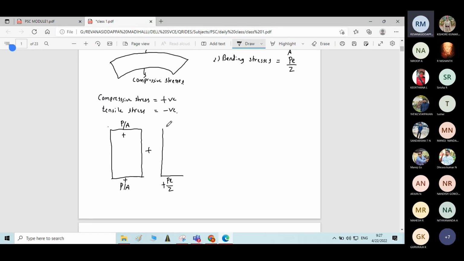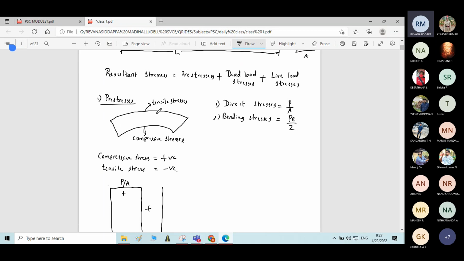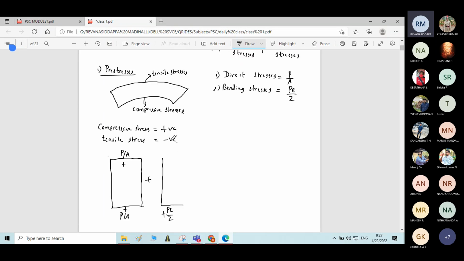And in the top fiber, there is tensile stress. Tensile stress is represented by a negative sign. Negative sign means on the left side of the reference line. Now joining both the points, we will get the stress distribution of bending stress due to prestressing force.